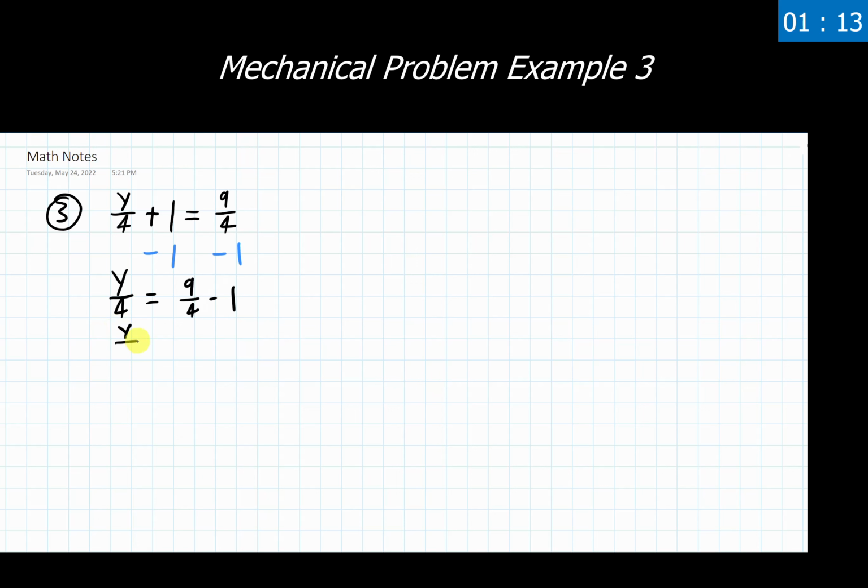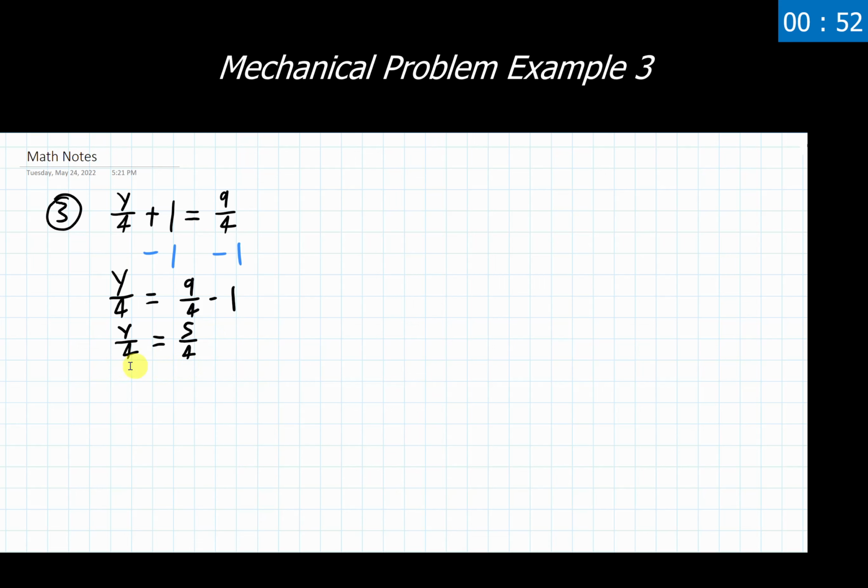Simplifying the right side a little bit more, 9/4 minus 1, that is going to be equal to the fraction 5/4. And looking at this now, we notice, wait a minute, hold on, these fractions are almost the exact same. y/4 equals 5/4.